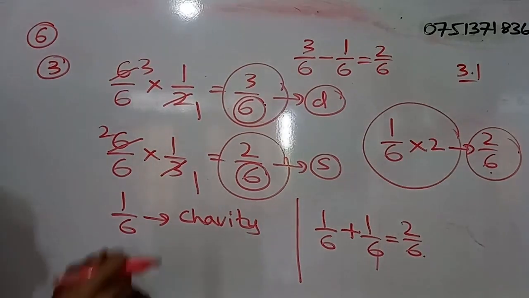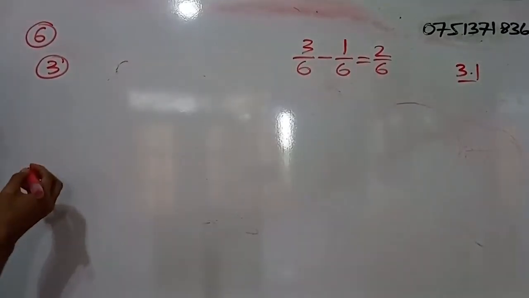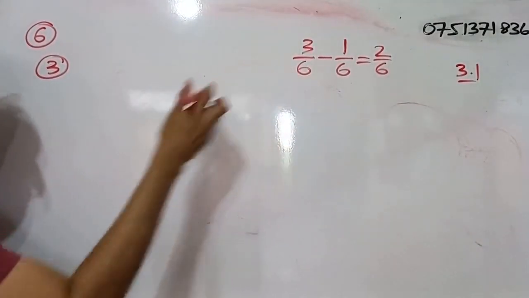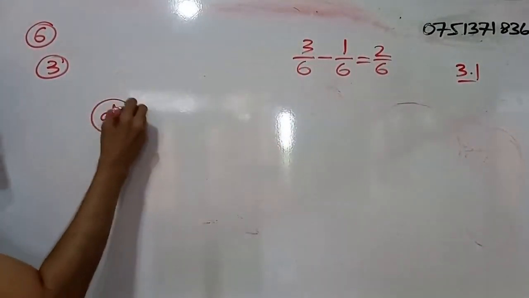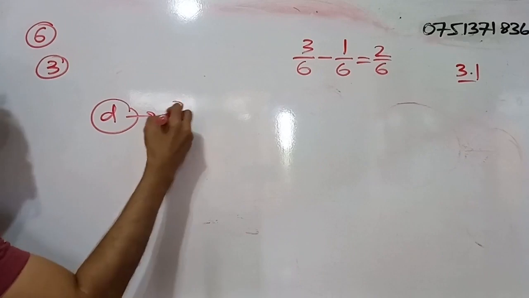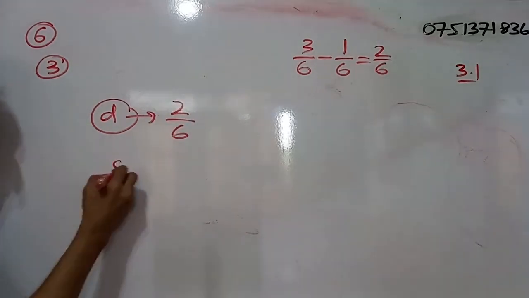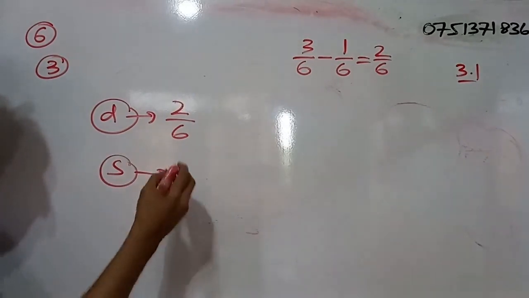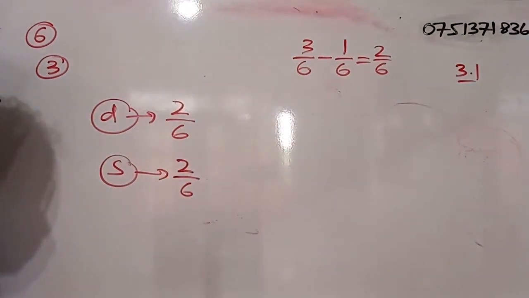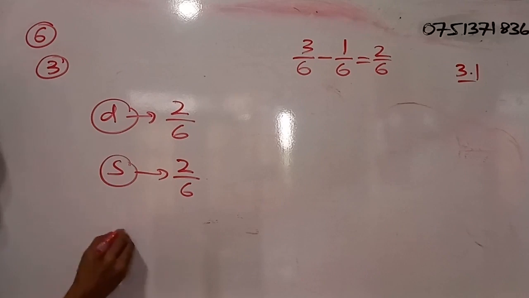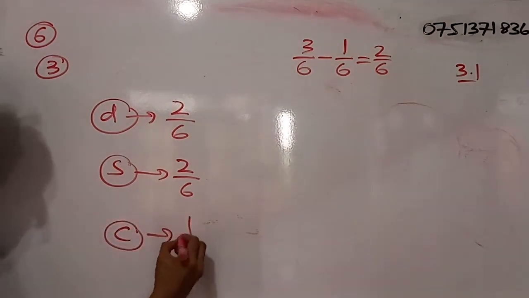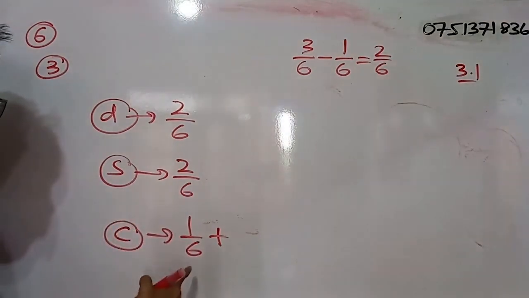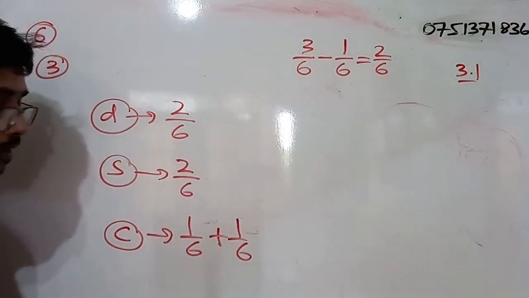After giving the amount of land to the charity, the daughter has what? 2/6. Son, so he didn't give any amount to the charity, no? So he has the initial amount, which is 2/6. Then the charity, from the beginning, the charity had 1/6. Received again another 1/6.